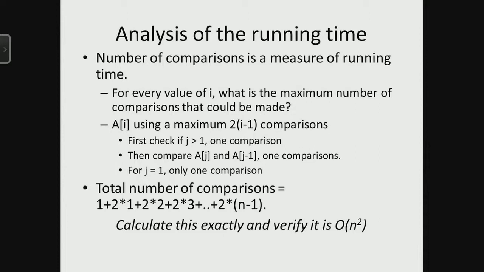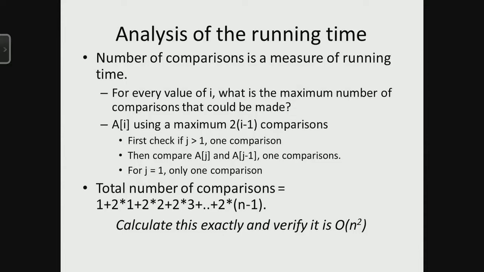And observe that the worst case is the case where the element a of I should eventually enter the location a of 1. In other words, if a of I turns out to be the smallest element in this sub array of consecutive elements, then a of I indeed has to be compared with each of the elements, from the element indexed at I minus 1 all the way up to the element indexed by 1.